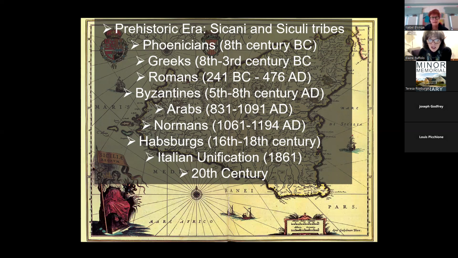But each of these civilizations brought to Sicily its own cultural and artistic tradition. And I know that Lampedusa saw this as a burden, but actually I think it was much more of a blessing for the island. It is really the mixing of these cultures, as we saw with the Cathedral of Palermo, that makes Sicily unique.